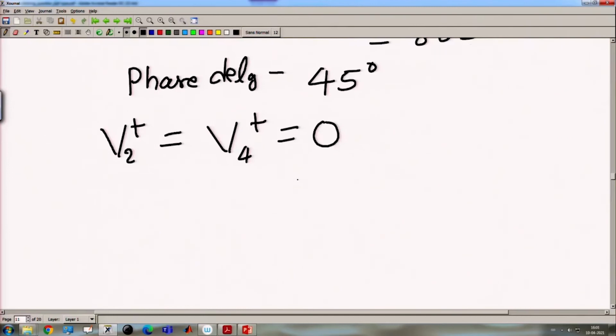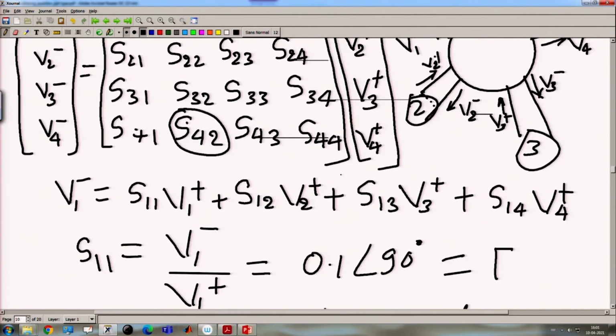Since port 3 is short circuit, V3 plus equals minus V3 minus.